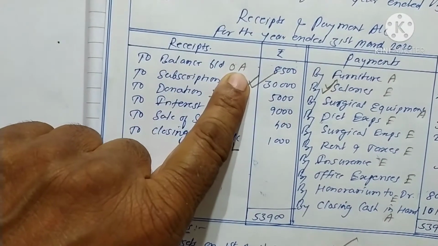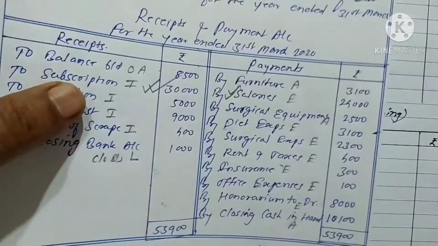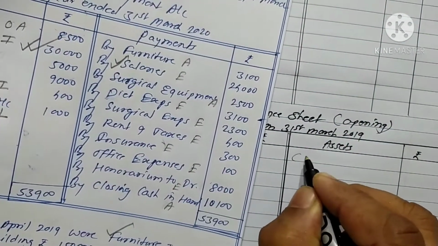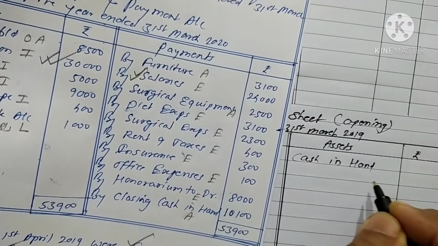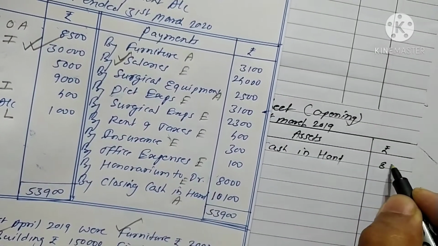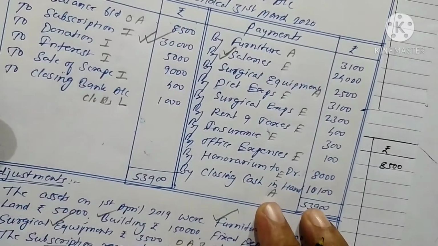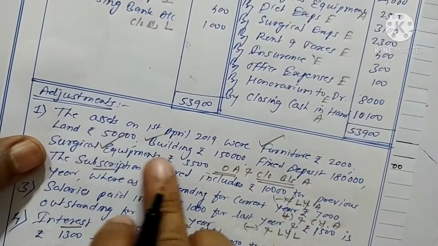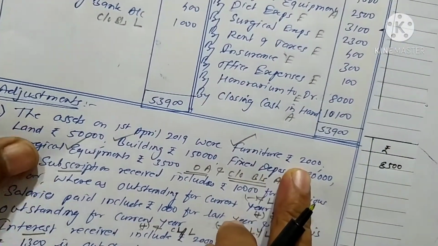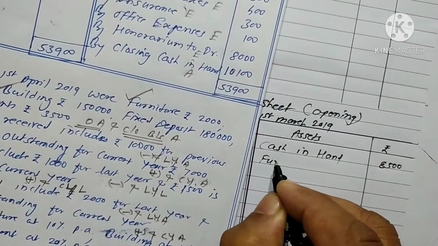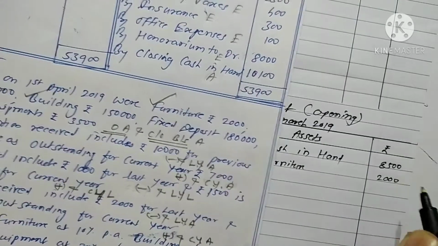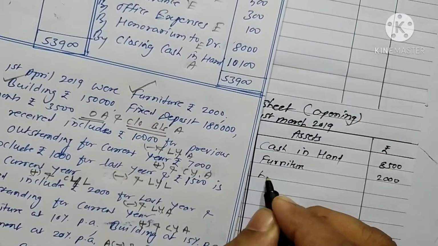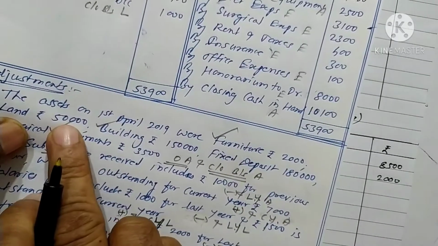Balance brought down will appear on the opening balance sheet, asset side. We write cash in hand, rupees 8,500. Next is furniture, opening balance rupees 2,000. Next is land, rupees 50,000.